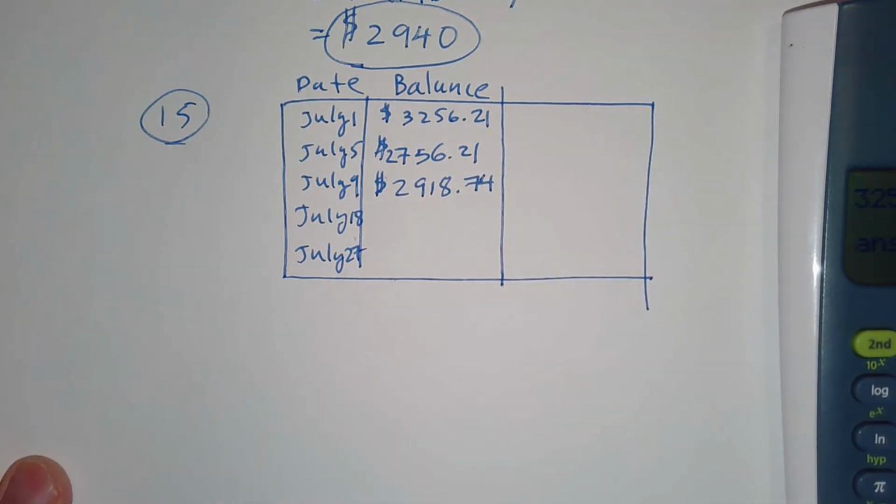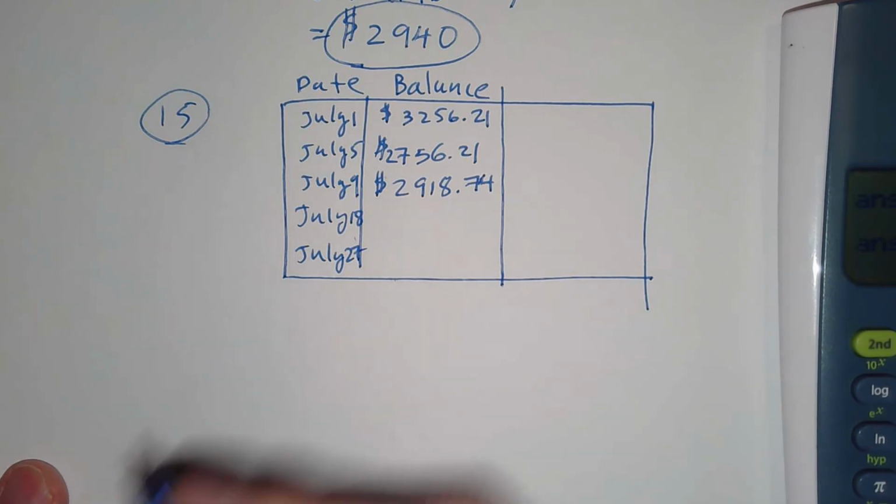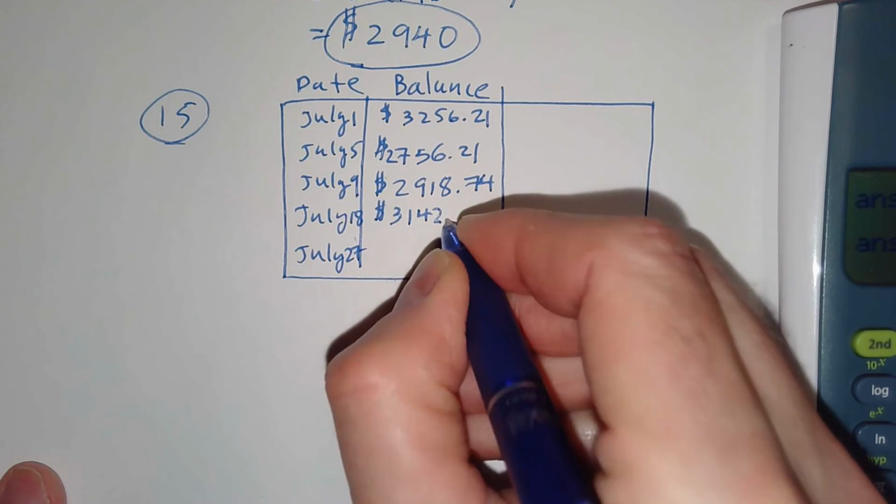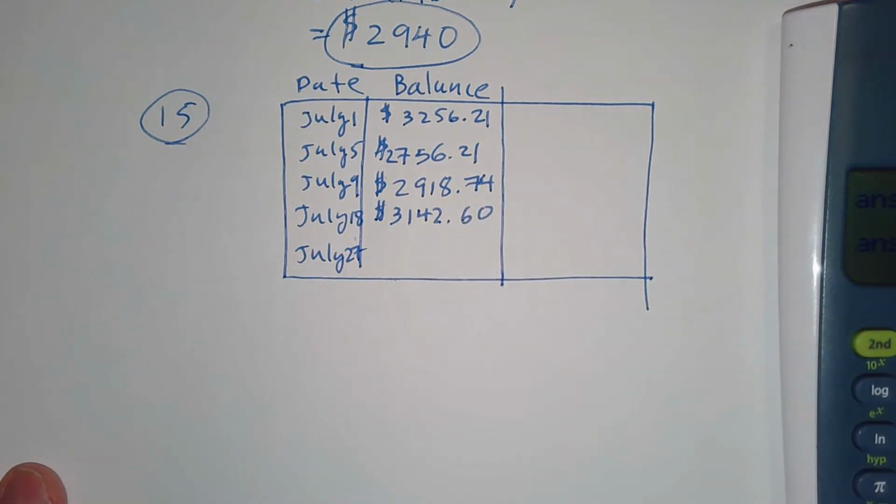Then we had a charge on groceries on July 18th for $223.86. And then a charge for a car repair.